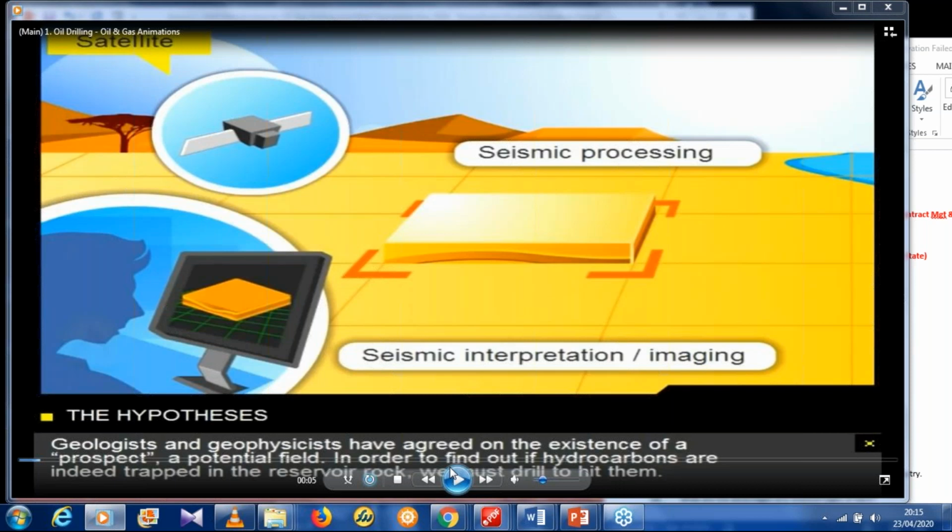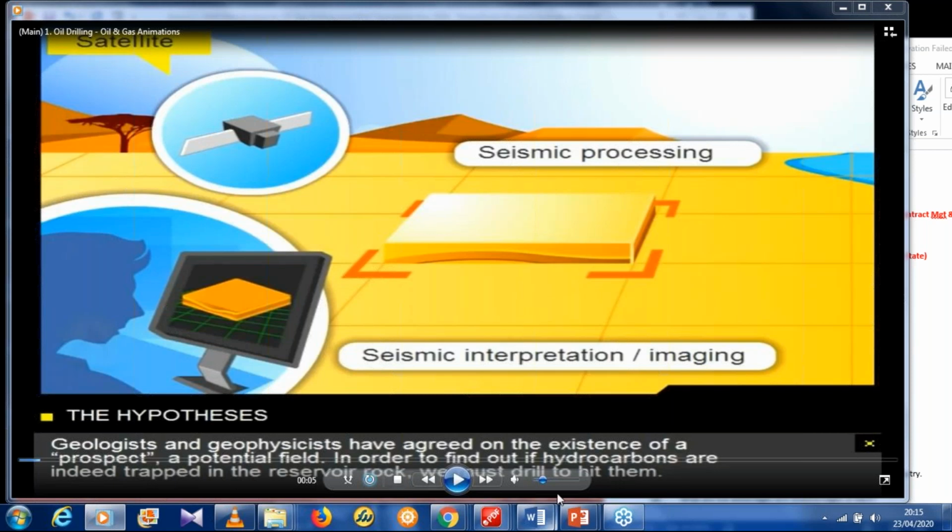And then how do we do this? We send in signal, sound waves. These sound waves are reflected. The reflections are interpreted, and the interpretation is used in determining the presence of depth in the earth crust.